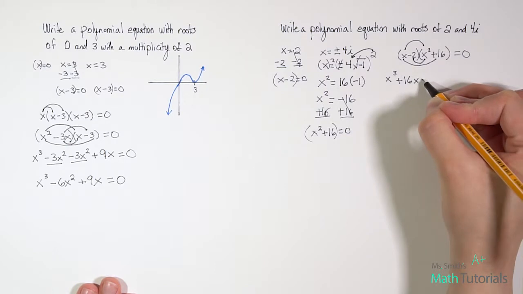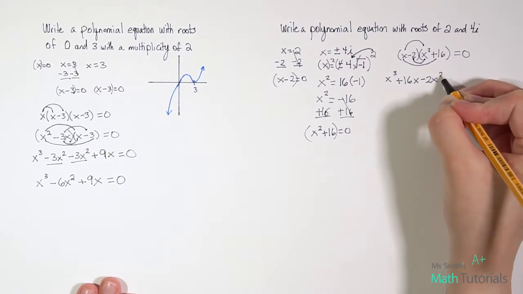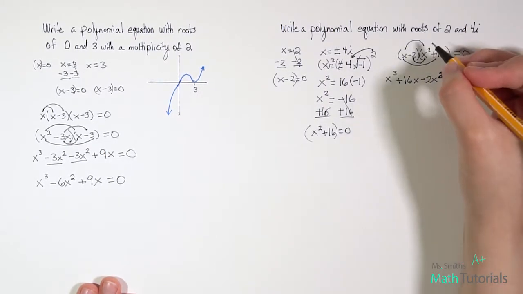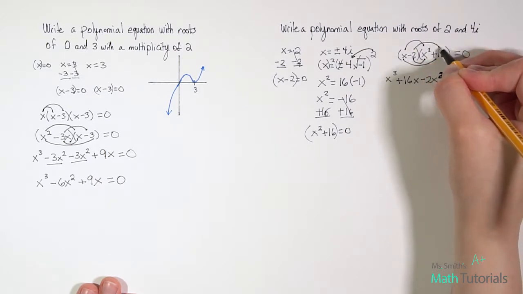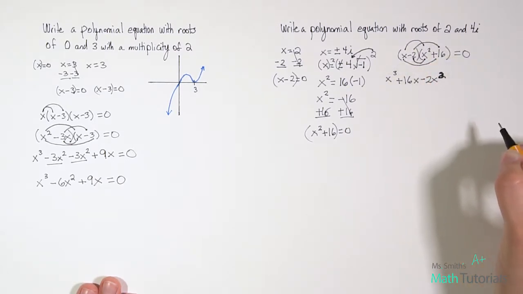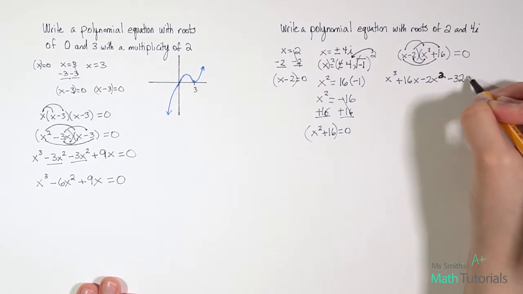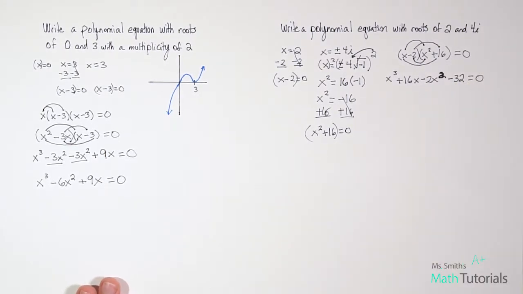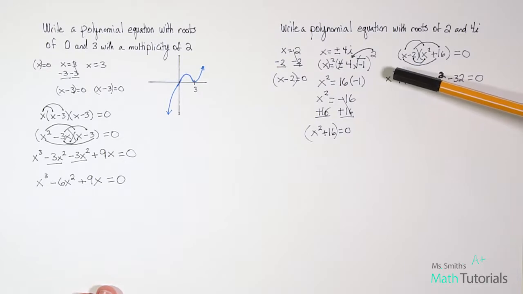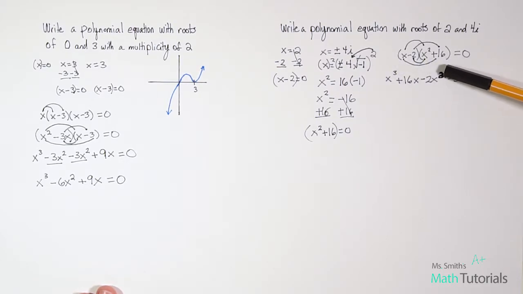Negative 2 times x squared is negative 2x squared. And then our last, negative 2 times positive 16, which would give us negative 32 equals 0. So now we try to see, do we have any like terms? You'll notice that I actually don't. I have only 1 x cubed, only 1 x to the first, only 1 x squared, and then only one constant. So I don't have any like terms.